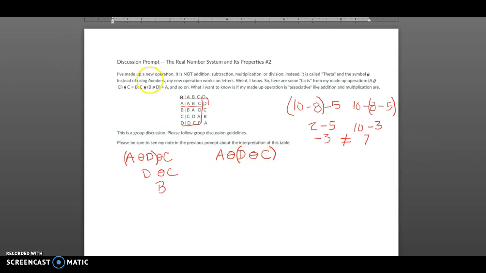So D theta C, let's try blue here. D theta C, that's B. And now I've got A theta B, and I get B. This would show that it is associative.